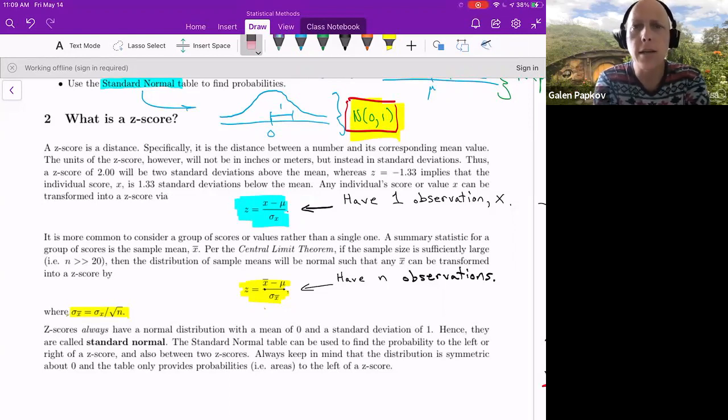One way to do that is by the formula I've highlighted in blue there. This is one that you would use when you have a single observation. So you have one person's height, or one dog's age, or one child's head circumference.